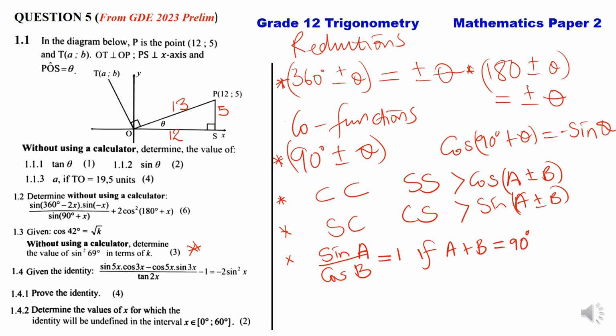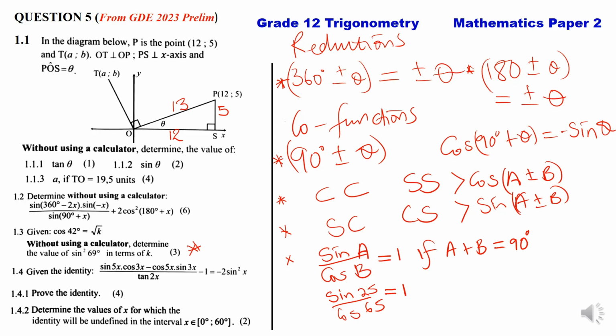This is cofunctions, which means should it happen that I get an expression like the sine of 25, for example, divided by the cos of 65. If we add 25 plus 65, they give us 90. So the answer to this question must equal 1 because these two expressions are equivalent according to cofunctions.